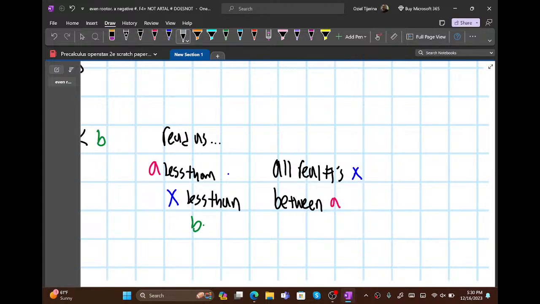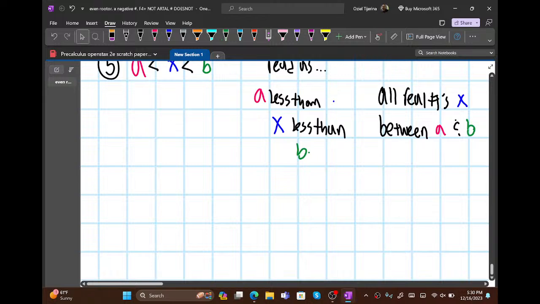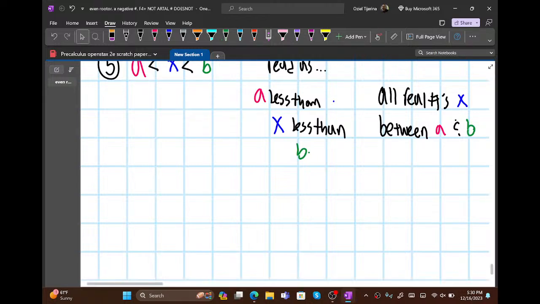It just means all real numbers between the values a and b. We just have to understand the basic idea of this. We can say it any way we want, but it's just all real numbers x between a and b.